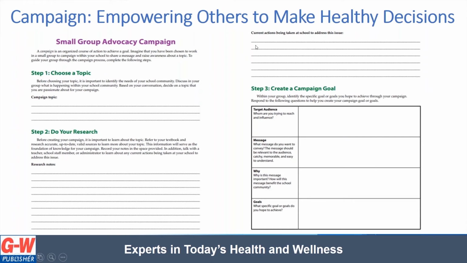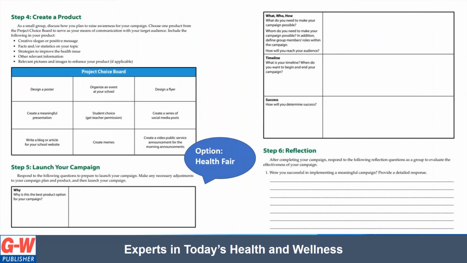Then they're going to talk to school faculty members and teachers to find out what's currently being done to address this issue at school and record their notes. Now, together, they're going to start to create a campaign goal. They need to figure out who their target audience is, what message they want to convey, why this message is important, and what specific goal or goals they hope to achieve.